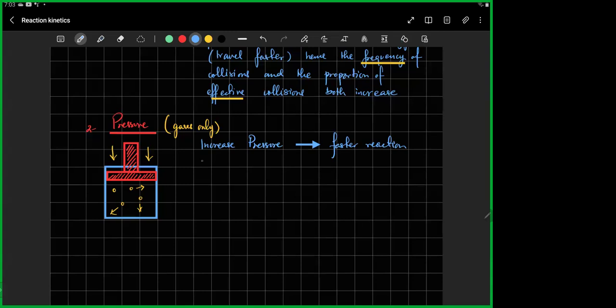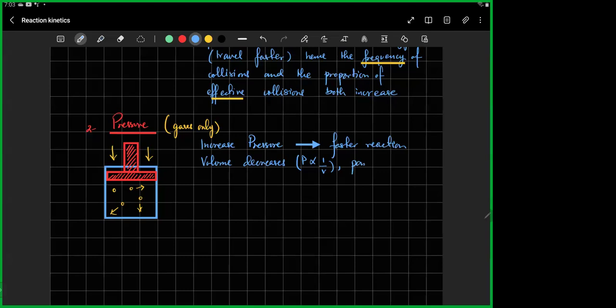So when you increase pressure, the volume decreases, because in physics you've studied that pressure is inversely proportional to volume, right? So the volume is decreasing.